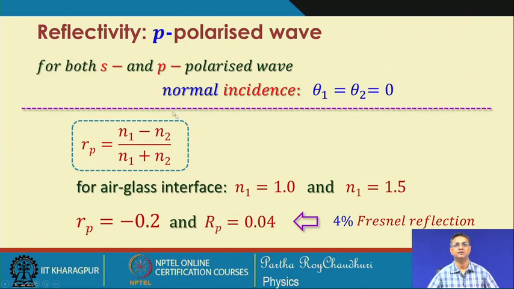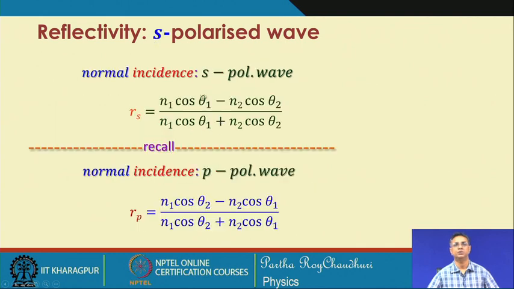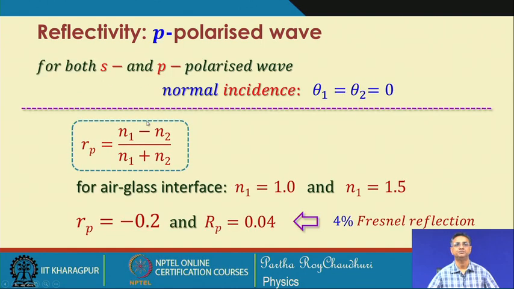So, let us check that relationship for both s and p polarized waves. For normal incidence theta 1 will be equal to theta 2 equal to 0, and if I substitute in this equation, I get n 1 minus n 2 by n 1 plus n 2 to represent the amplitude reflection coefficient.